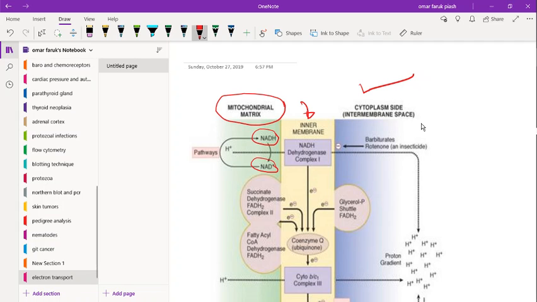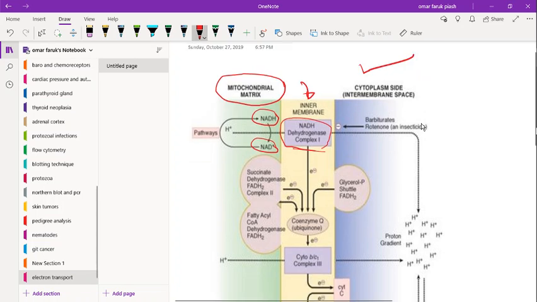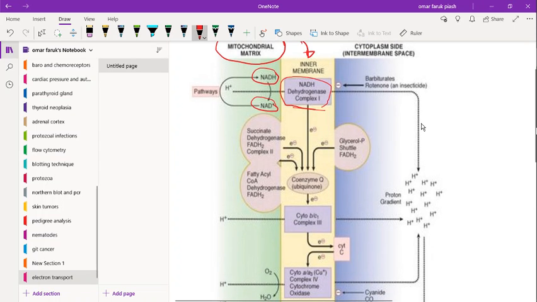In the inner membrane there is complex 1, and the electron is transferred from complex 1 to CoQ, coenzyme Q or ubiquinone. From another route, an electron is added to CoQ from succinate dehydrogenase, which is present in the Krebs cycle.